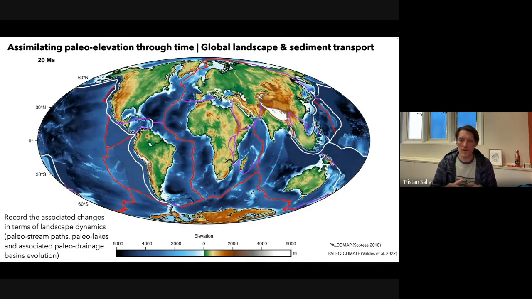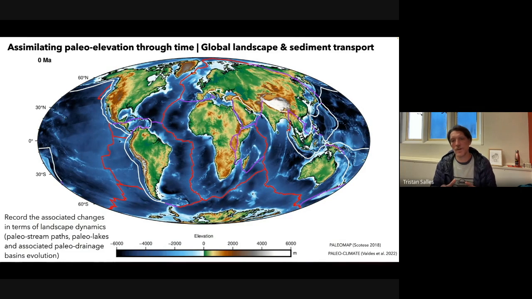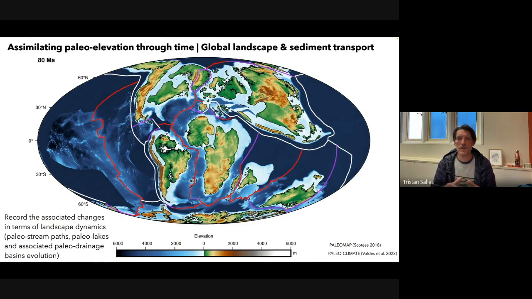And what we did was run our models. One thing to note that I didn't really mention before is that the paleogeographies themselves are not continuous, okay?